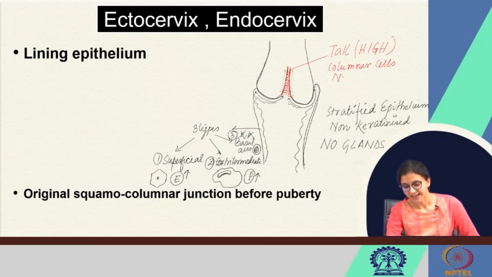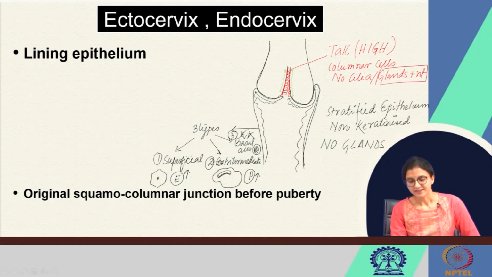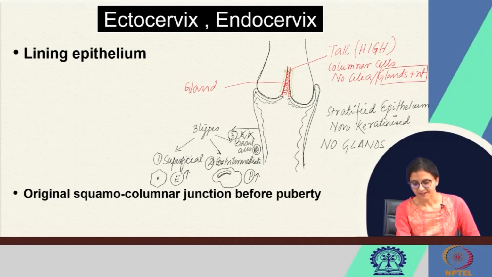Does it have glands? Yes, it does have glands. Thus, the endocervix has glands and there are glandular secretions, and the pH of cervical fluid is alkaline.